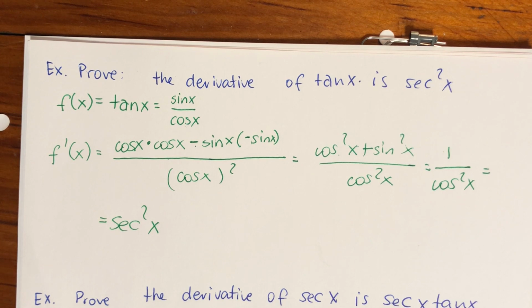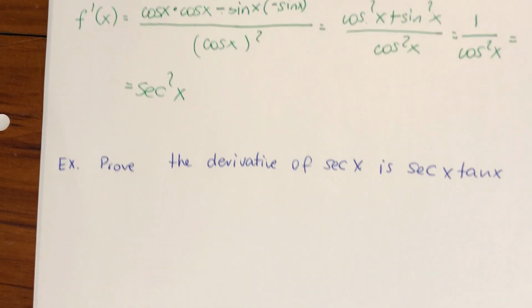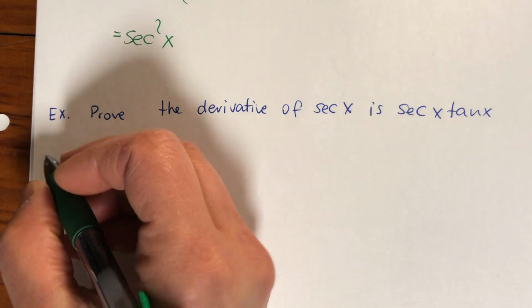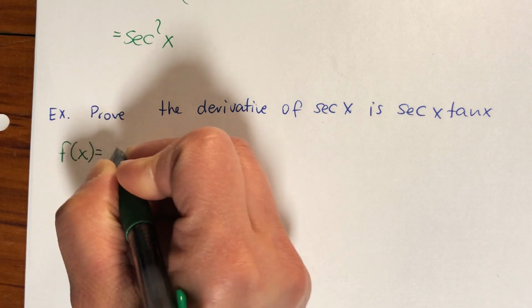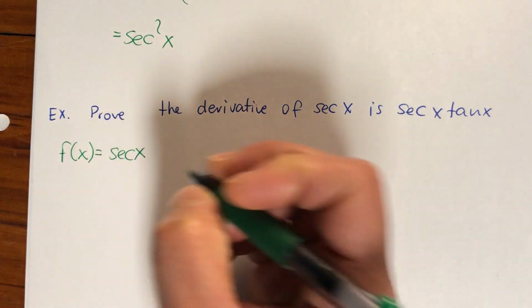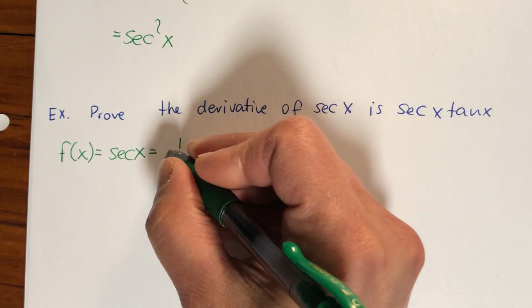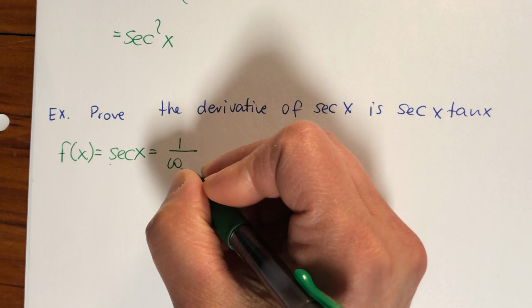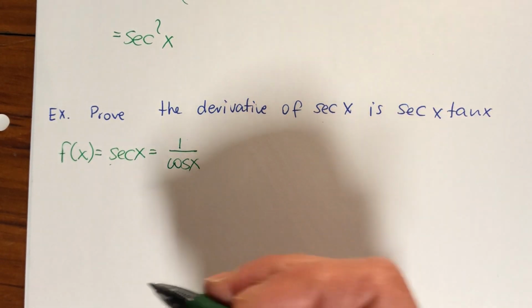So we want to prove that the derivative of the secant of x is equivalent to what I gave you on a piece of paper with the formulas. If I want to write a nice notation, I will start with f of x is secant of x. And again, this is not my favorite one, so I'm going to switch it. Secant is the reciprocal function of cosine.